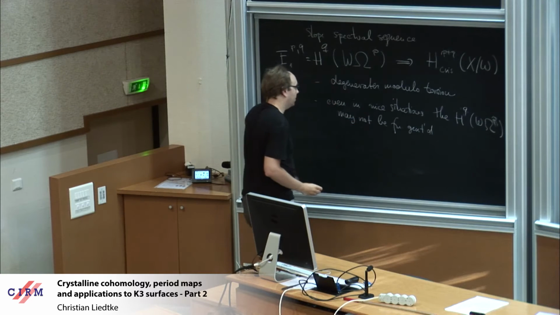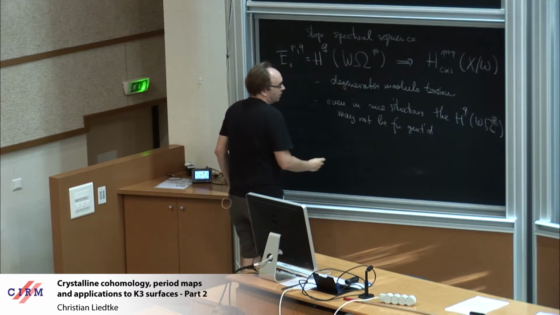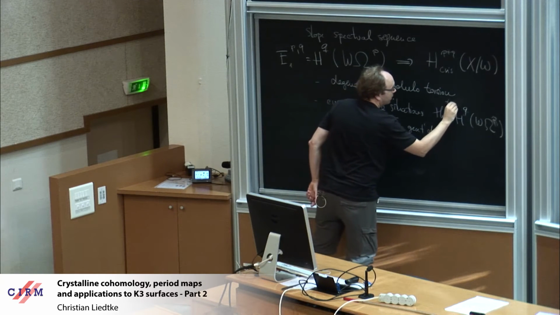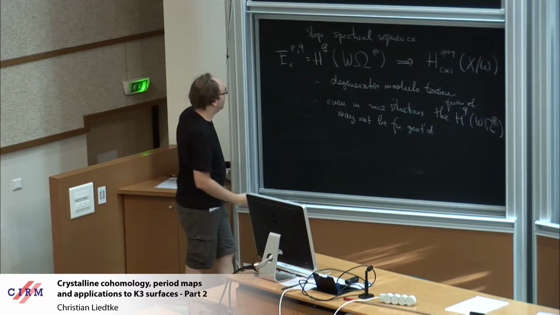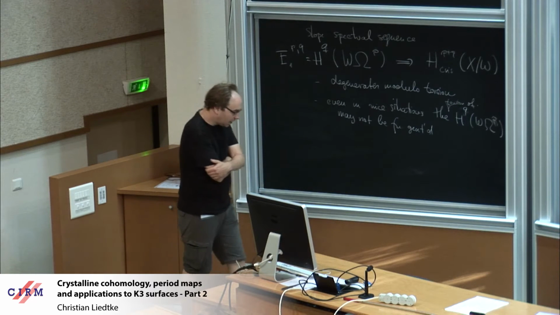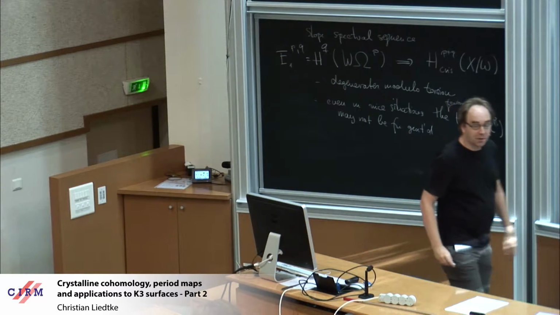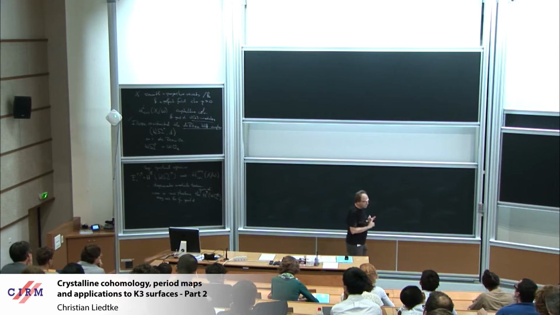That is, in fact, the torsion. Maybe to say it a little bit: the torsion of that may not be finitely generated. So we have this. So there is an analog of the Hodge-de Rham spectral sequence in this situation as well.